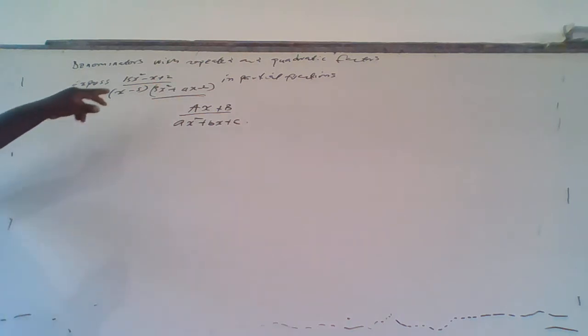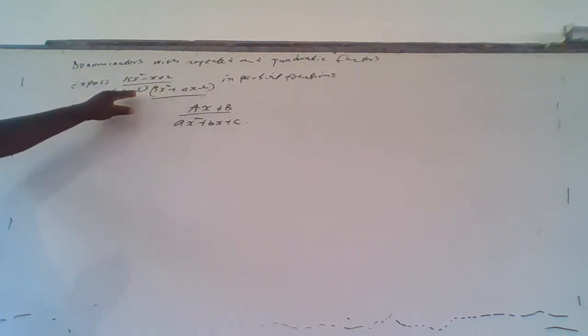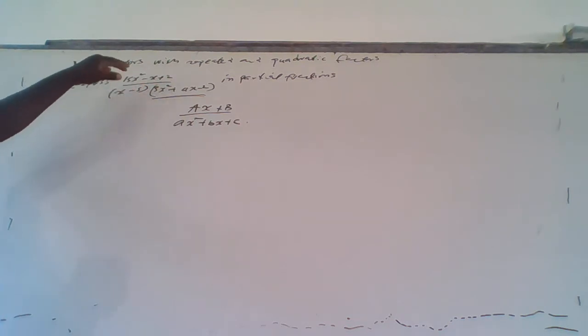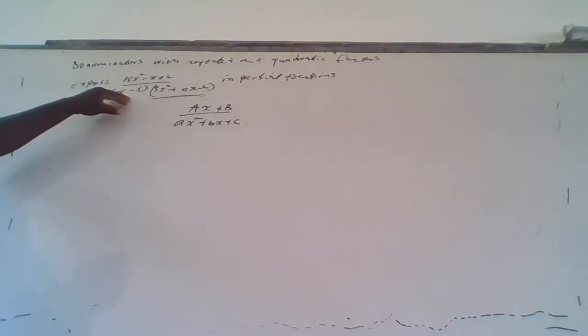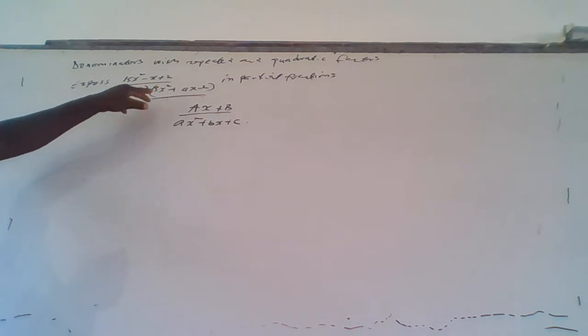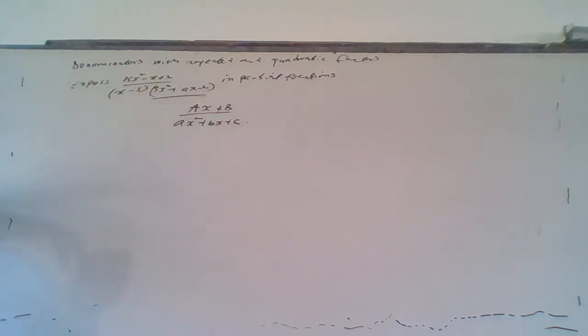But as you can see, when you open the bracket, the degree of the numerator is less than the degree of the denominator, because we have x cubed somewhere. Therefore, there's no need of division. We just move on and do the calculation.